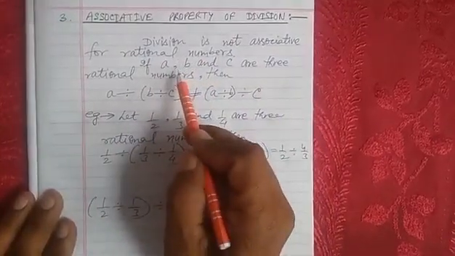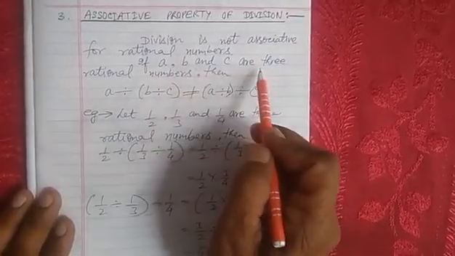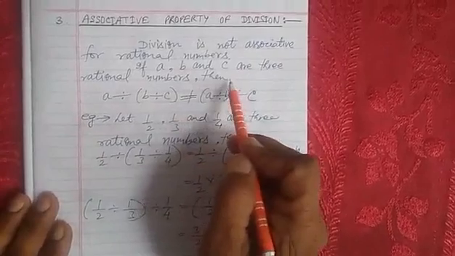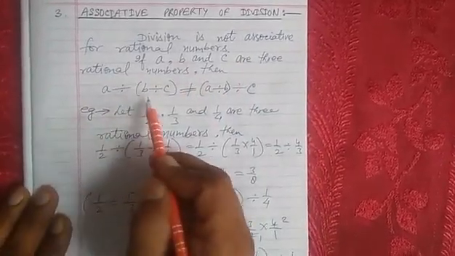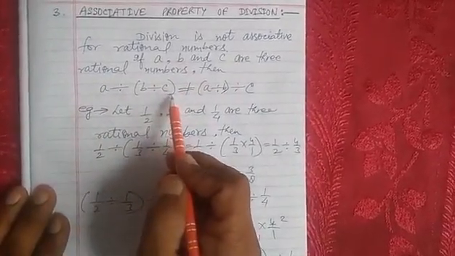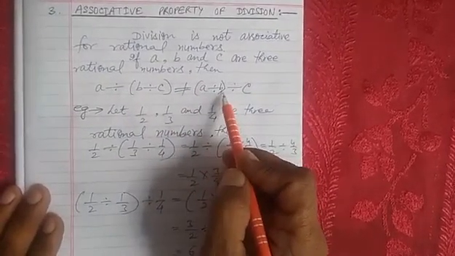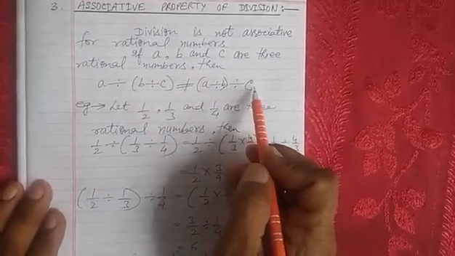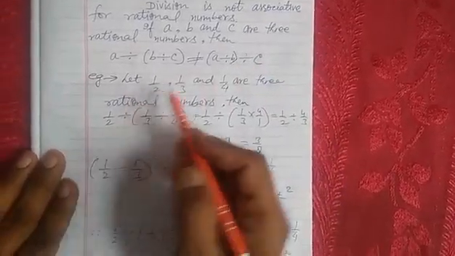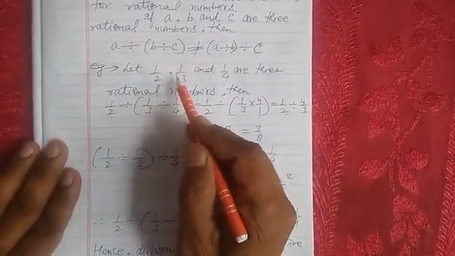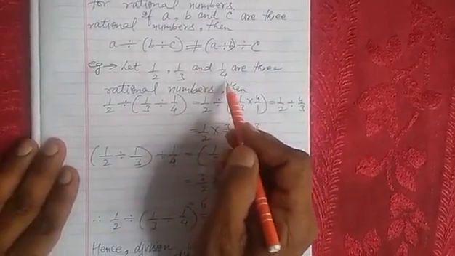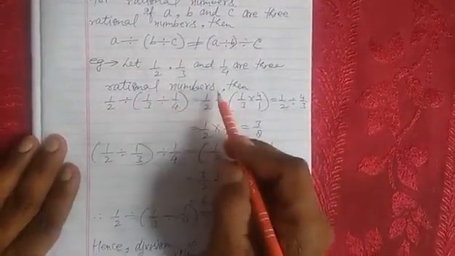If A, B and C are three rational numbers, then A divided by (B divided by C) is not equal to (A divided by B) divided by C. For example, let 1 upon 2, 1 upon 3 and 1 upon 4 be three rational numbers.